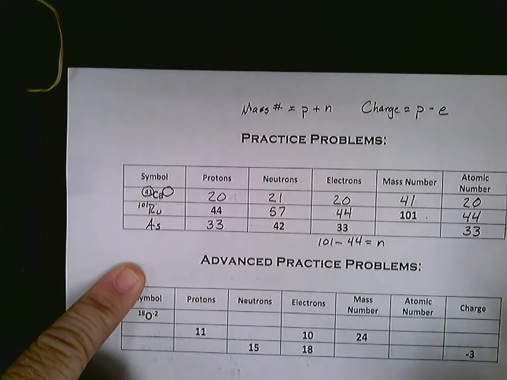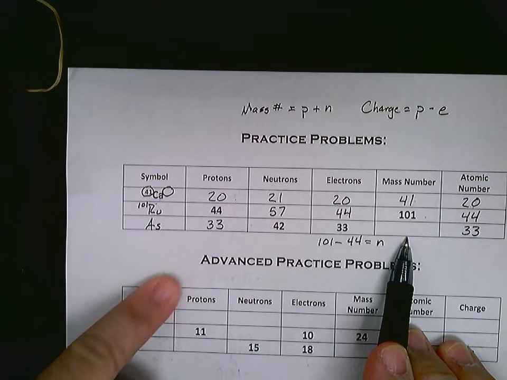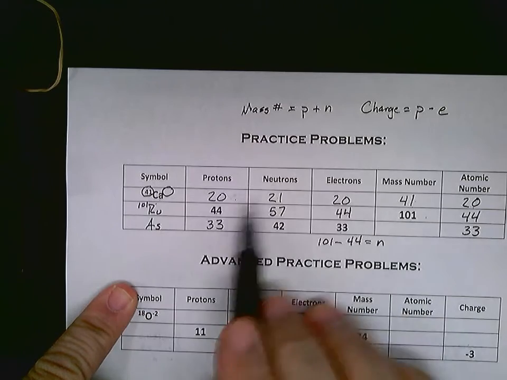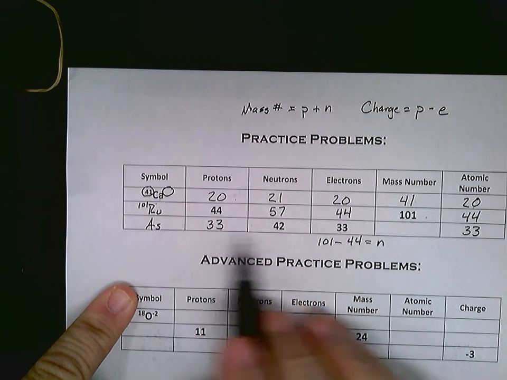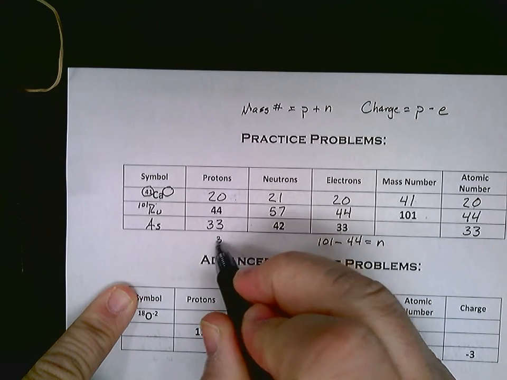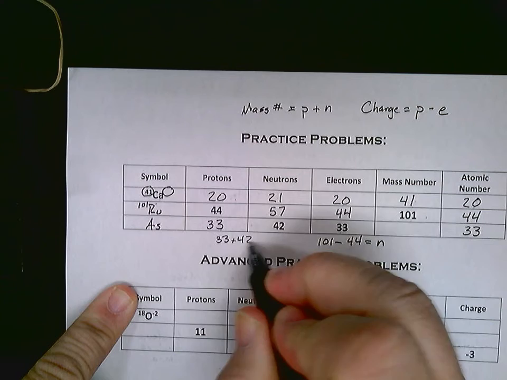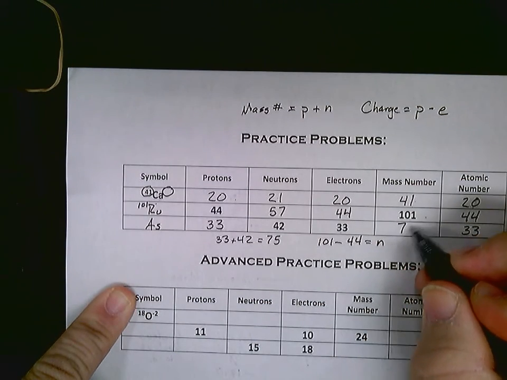The last thing is the mass number. In order to figure out the mass number, we have to go back and look at the protons plus neutrons. We've got both columns filled in, so we're just going to add them together. So 33 plus 42 equals 75. So our mass number is 75.